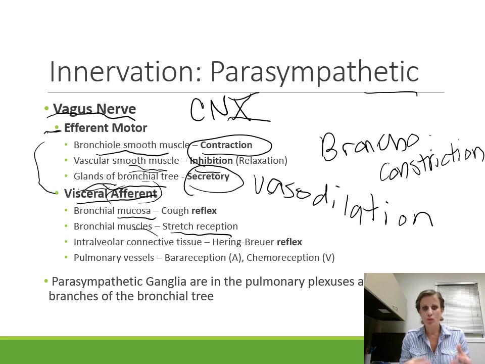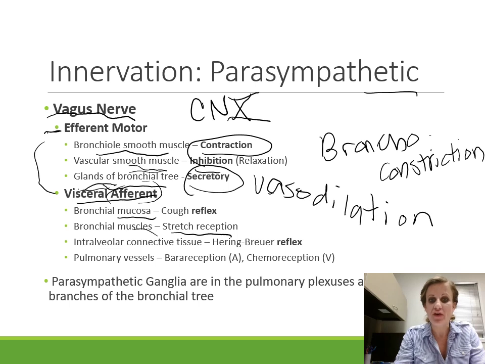So as we bring air in and as there's stretch occurring, that stimulates the receptors. And this is involved with preventing overstretching, which would damage the tissue.